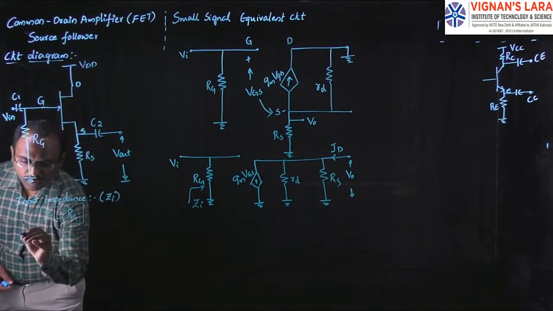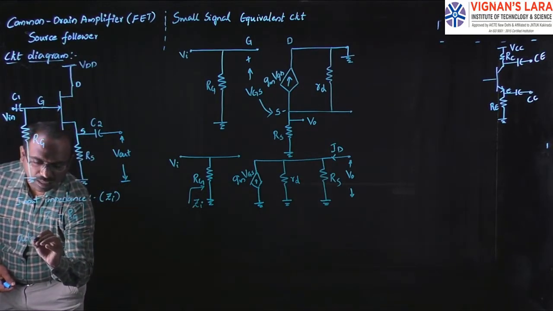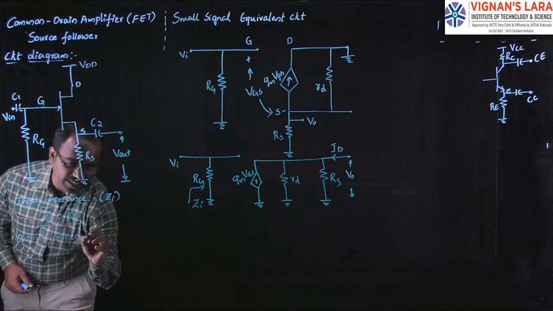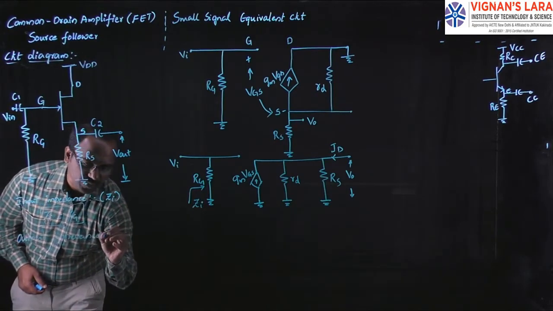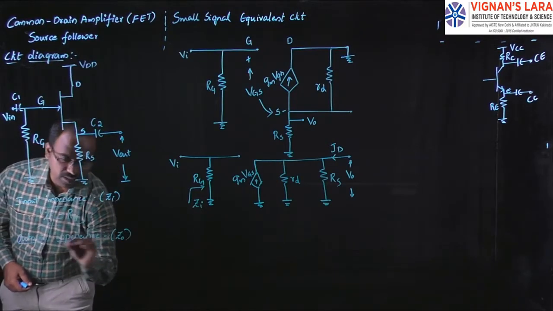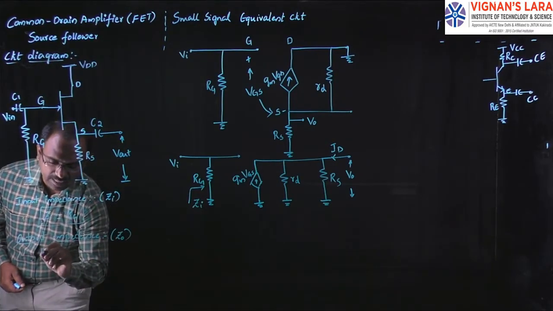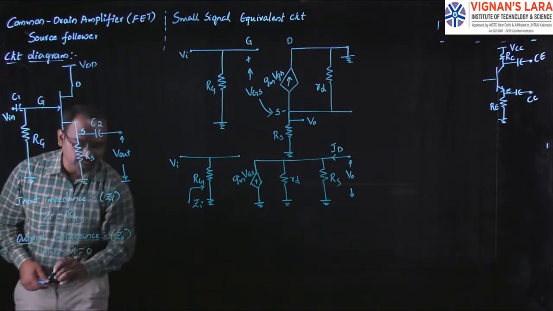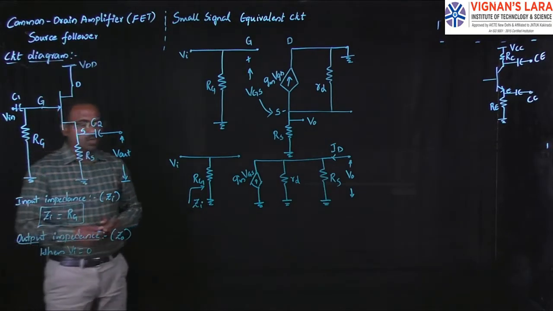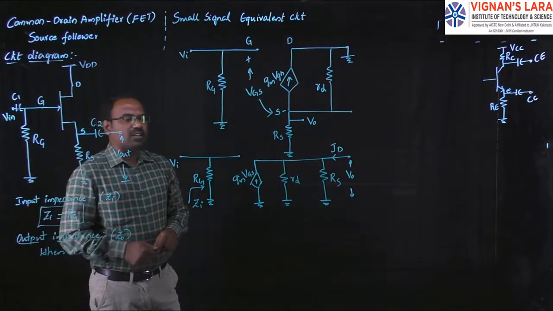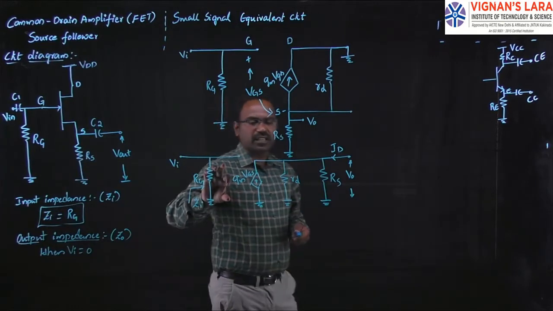Now, output impedance. The output impedance is calculated when Vi is equal to 0. Output impedance we are indicating with Z0. The output impedance is calculated when we consider the input voltage Vi is equal to 0. So when you make Vi equal to 0, there is no effect of this.